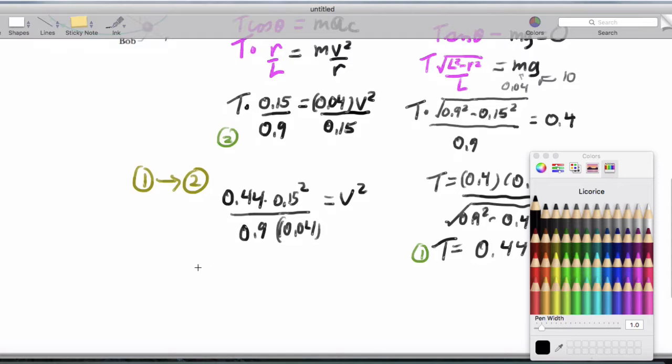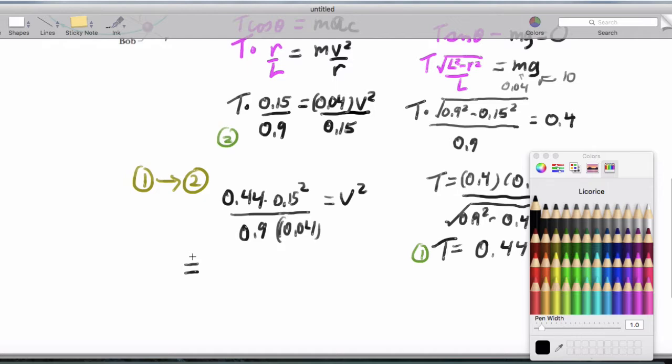So there is some arithmetic I could do to simplify this, but I'm actually not going to. So 0.44 times 0.15 squared divided by 0.9 divided by 0.04.